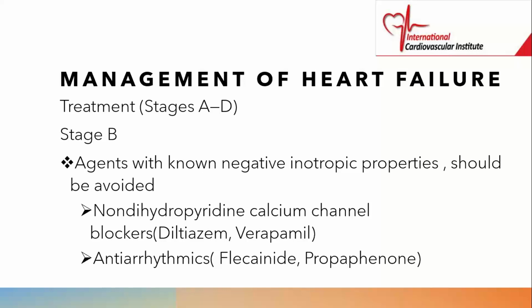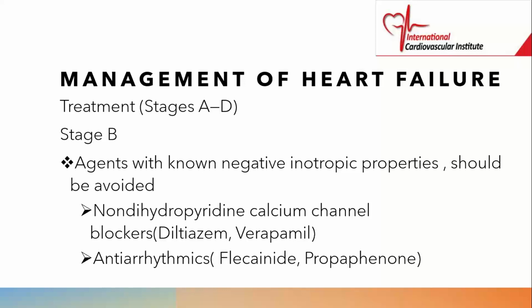Also, there were studies done. One of the studies, the landmark trial, was the CAST trial. And it has been shown that if you use certain antiarrhythmics, these are medications that will quiet down arrhythmias, if these antiarrhythmics have negative inotropic properties, then there's increased mortality in your patient.